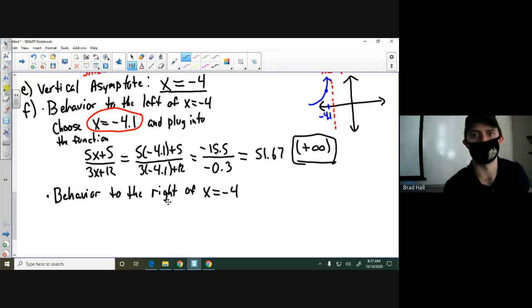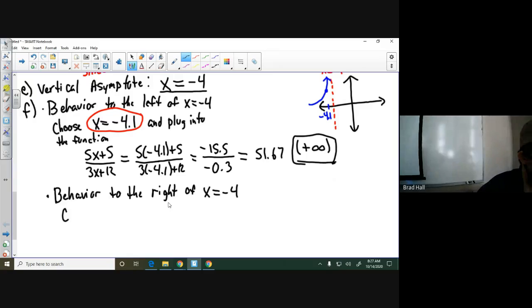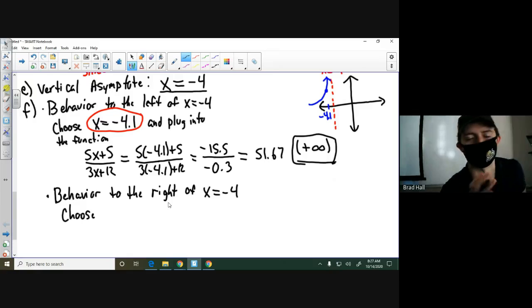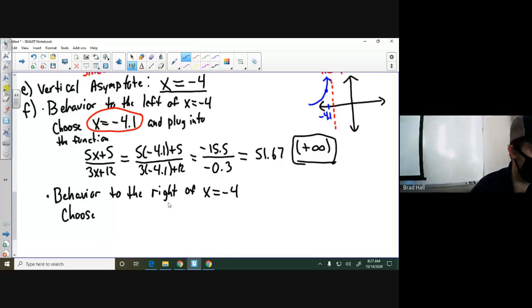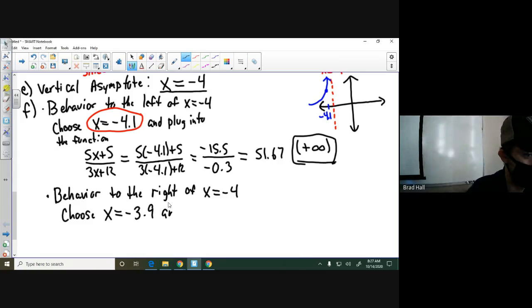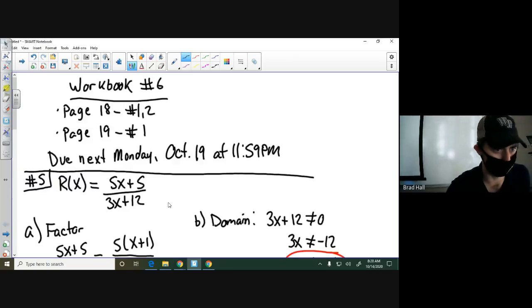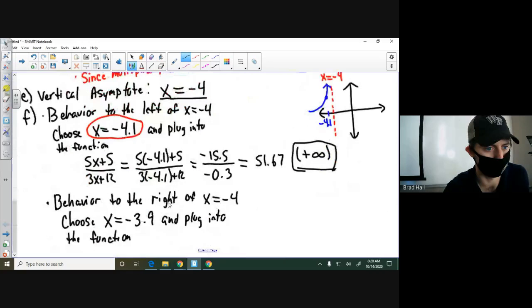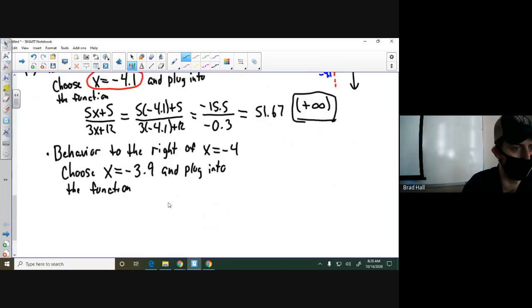So normally I like to, again, pick a number that's 1/10 of a value away. So taking -4 and looking to the right slightly, adding 1/10 to it would give us -3.9, and plug into the function. So we're going to do the same thing as before.